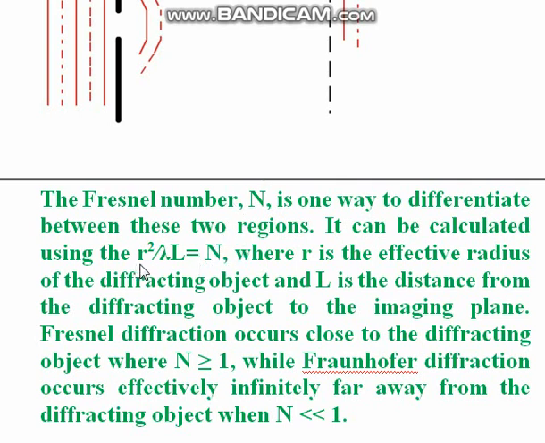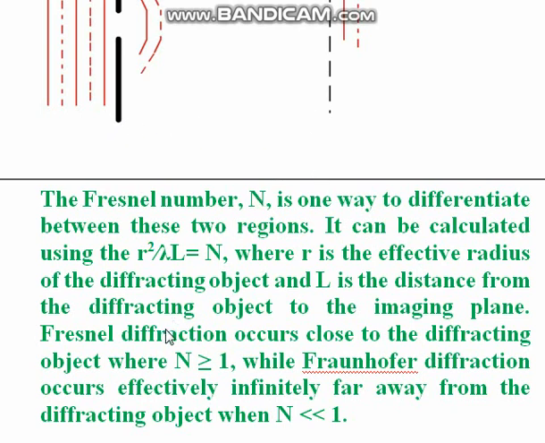R is the effective radius of the diffracting object; this is the obstacle or slit, so the size of the slit is represented by the R dimension. L is the distance from the diffracting object to the imaging plane, which means the screen. So capital L is the distance from the slit to the screen.